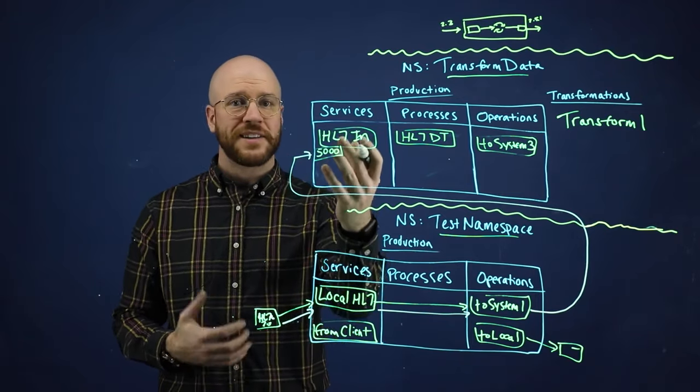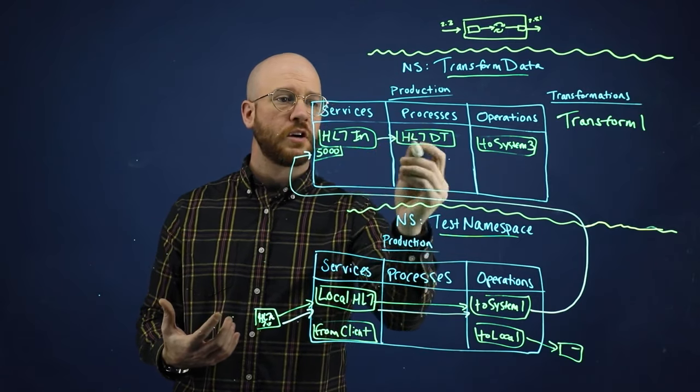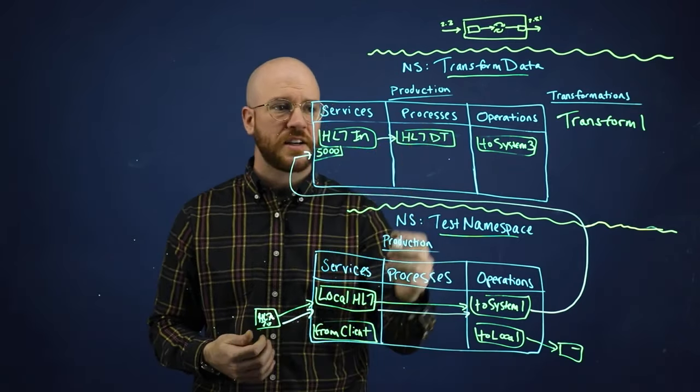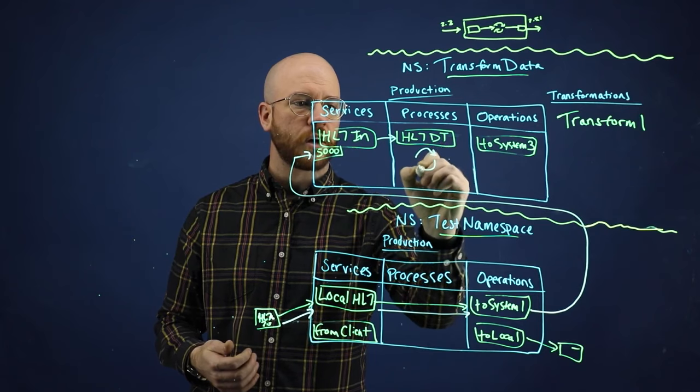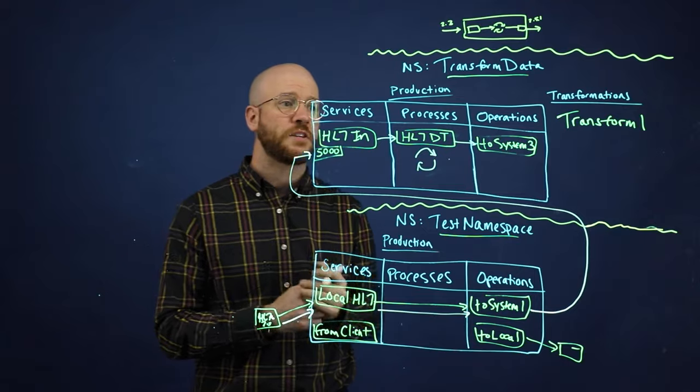So on port 5000, it listens, it receives this HL7 2.3 message, passes it along to your HL7 data transformation process. The data transformation here occurs, and on the other side of it, it becomes an HL7 2.5.1 message.